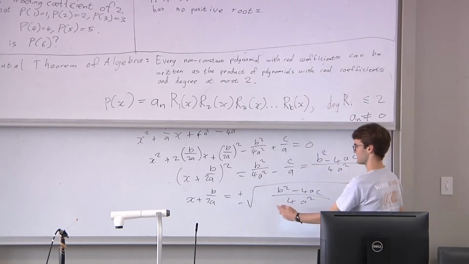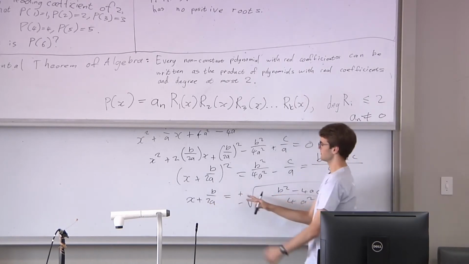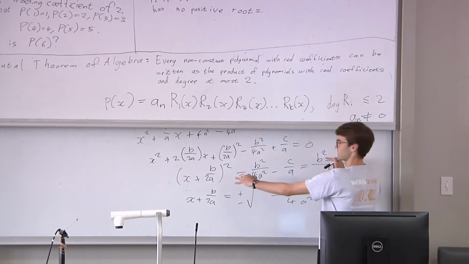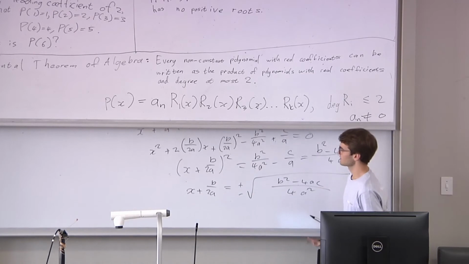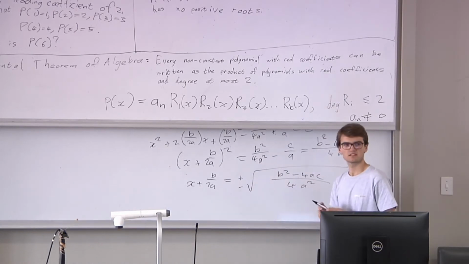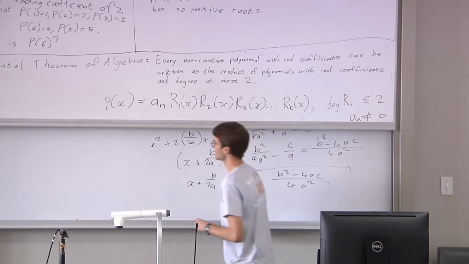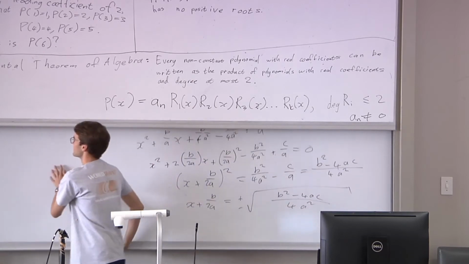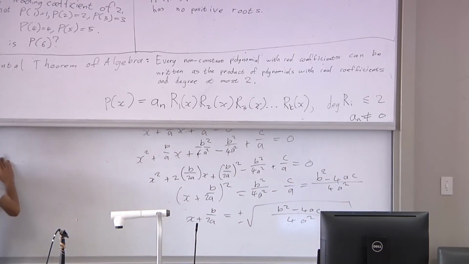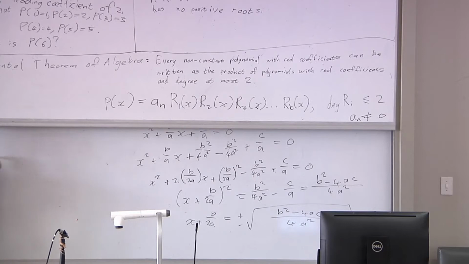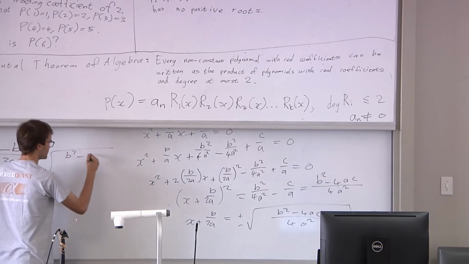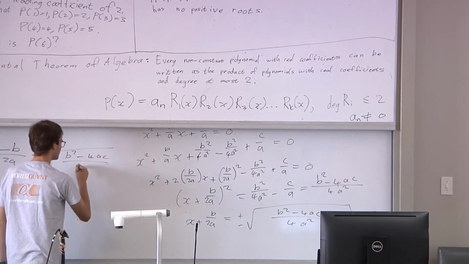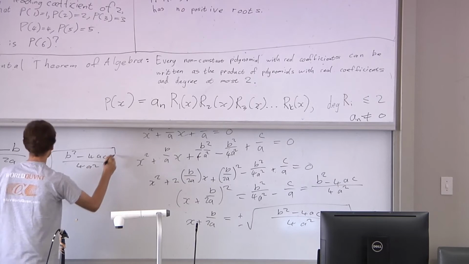So if you square this side and you square that side, no matter what sign you have over here, you'll still get back to the previous statement. Okay? Next, we just have to move that b over 2a over. So we get that x is minus b over 2a plus or minus the square root of b squared minus 4ac over 4a squared.